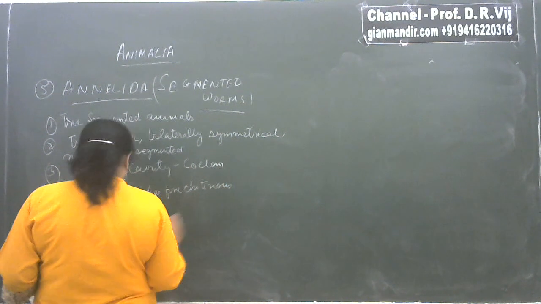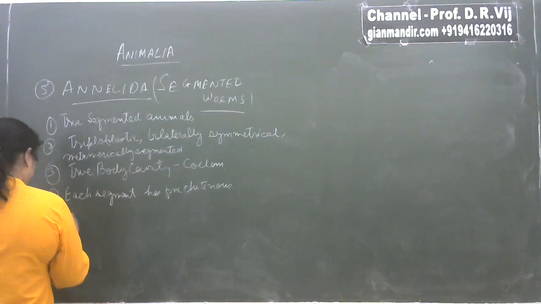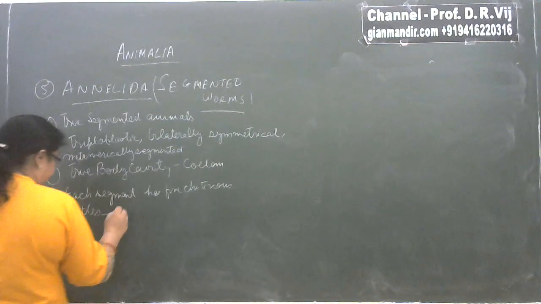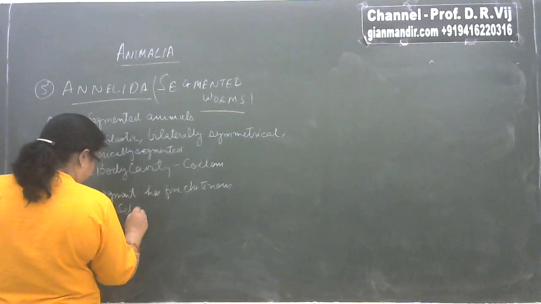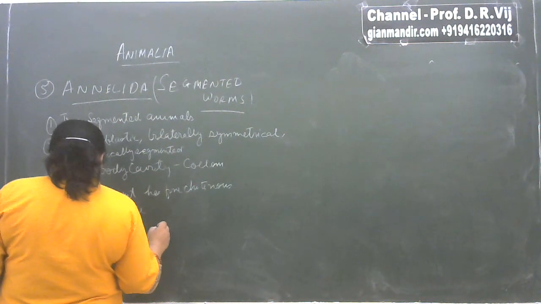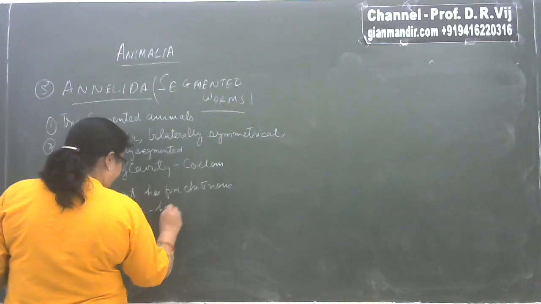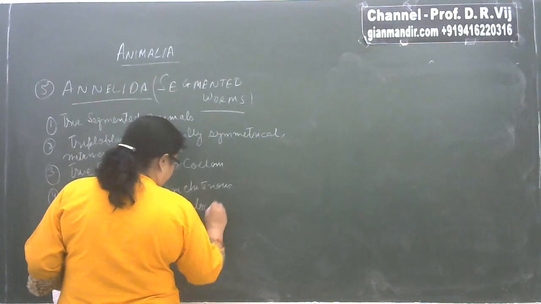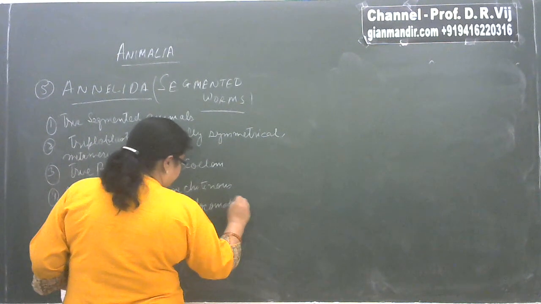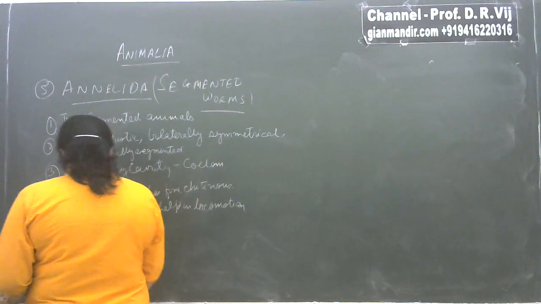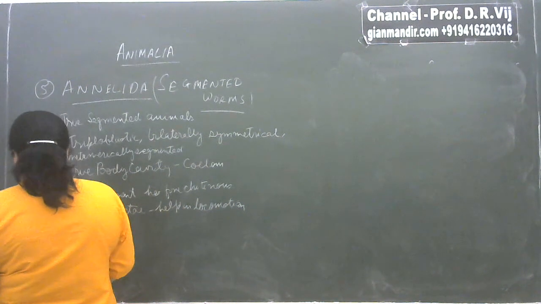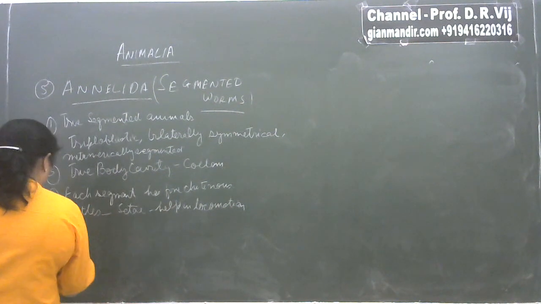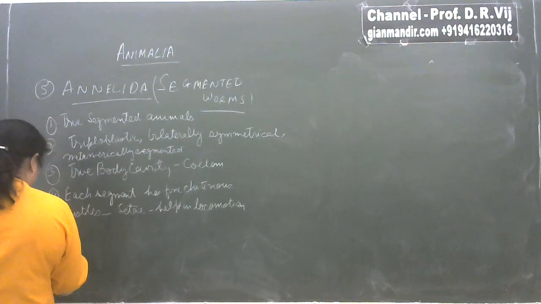So all the segments of the body have chitinous bristles called setae, and that help in locomotion of these organisms. And here again some more complexity has started.